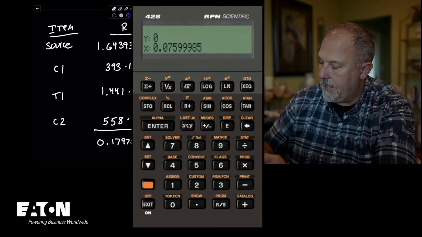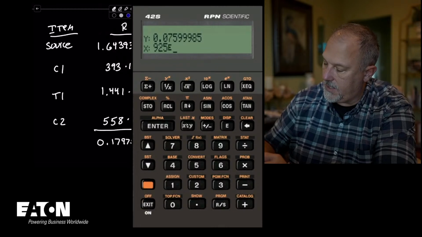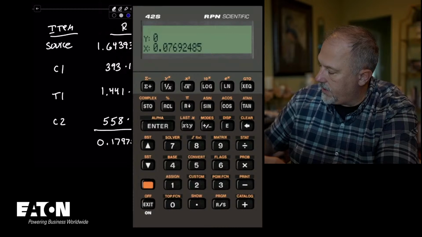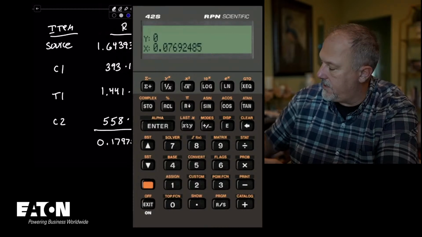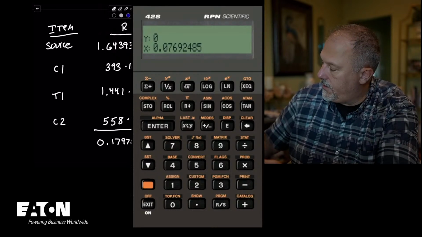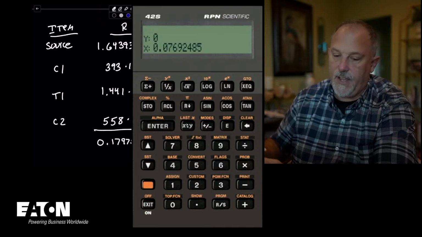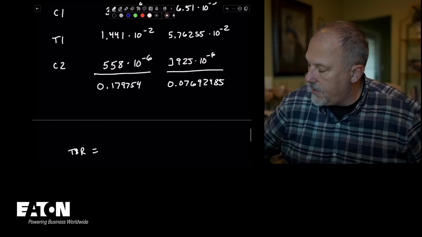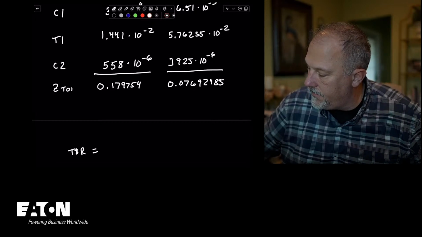Plus 925 times 10 to the negative 6. Plus, this is 0.0769248.5. All right. So this is our Z total in per unit.